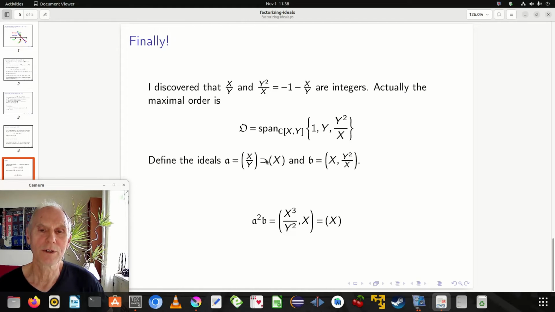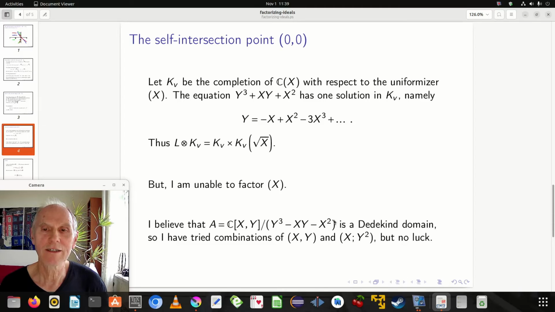And that means that, we have written it here, that a squared times b actually gives x. So I managed finally to factorize the ideal x. But the point was that this was the ring of integral functions, not the one I expected first. That was a great surprise, and that means that this is a Dedekind domain, and the one I expected is not.